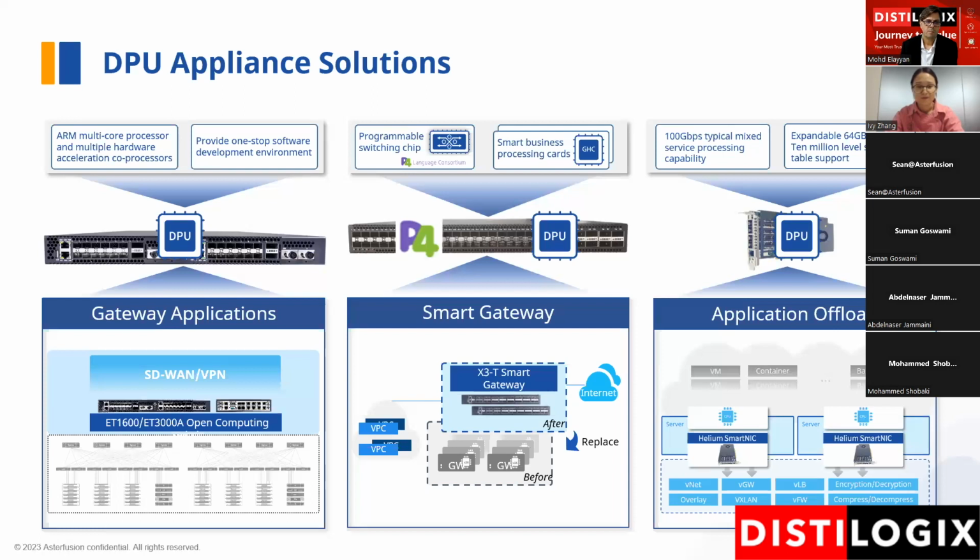Another question, I think, is about AFC. AFC is more like a general brand of our controllers. Currently, we have three AFCs. One is for DCN, as I introduced, mainly for data center networks. It can be integrated with OpenStack.